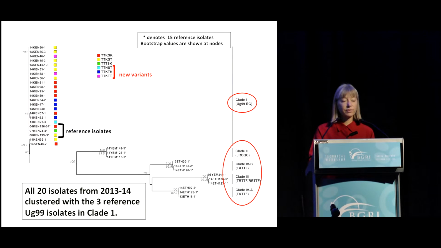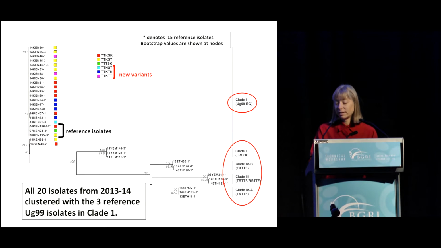This race has virulence to SrTmp, but it's very distinct from the UG99 race group. And Clade 3 is represented by Yemen reference isolates as well as Ethiopia isolates that are race TRTTF and RRTTF. These races also have virulence to SrTmp.